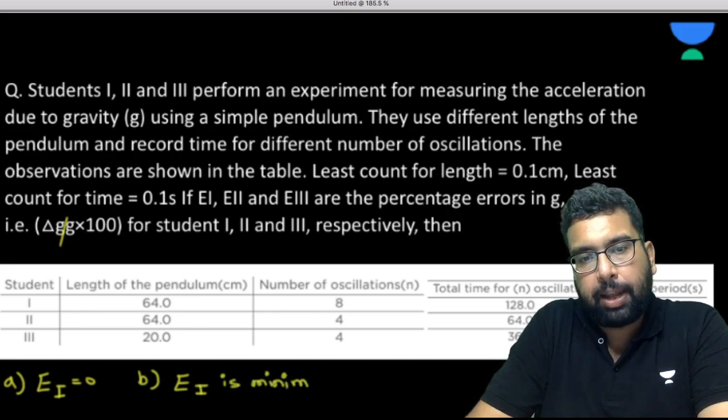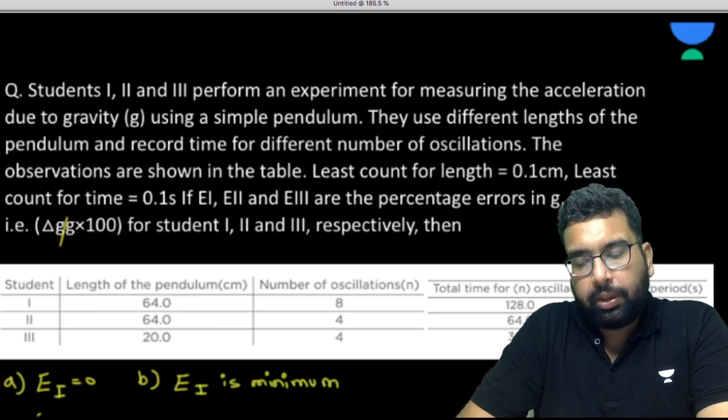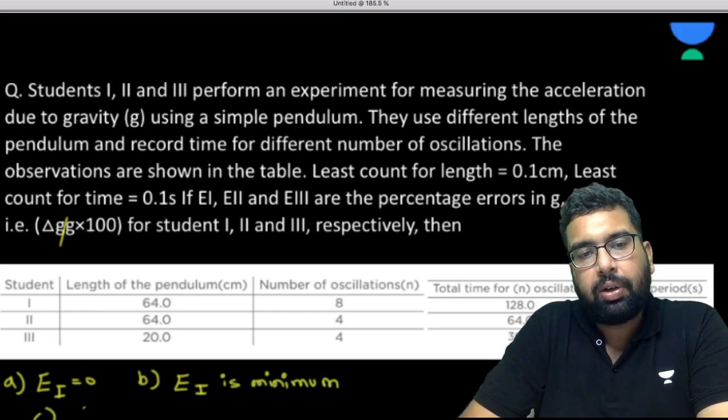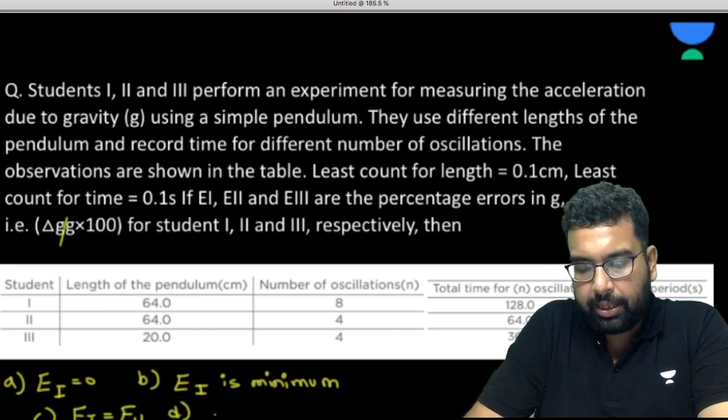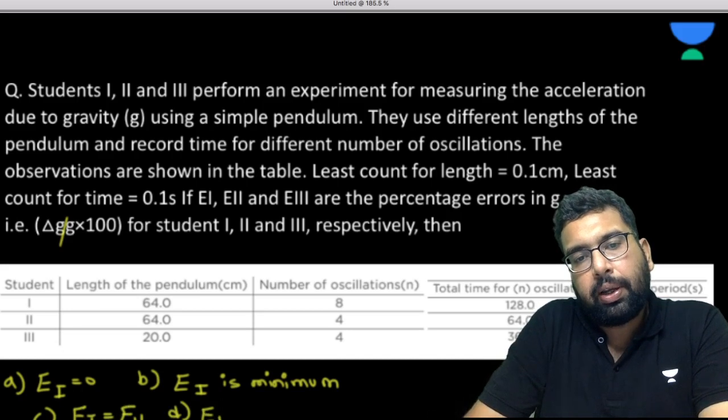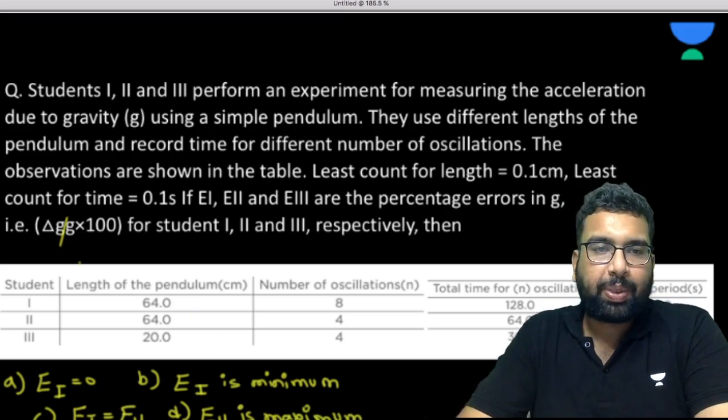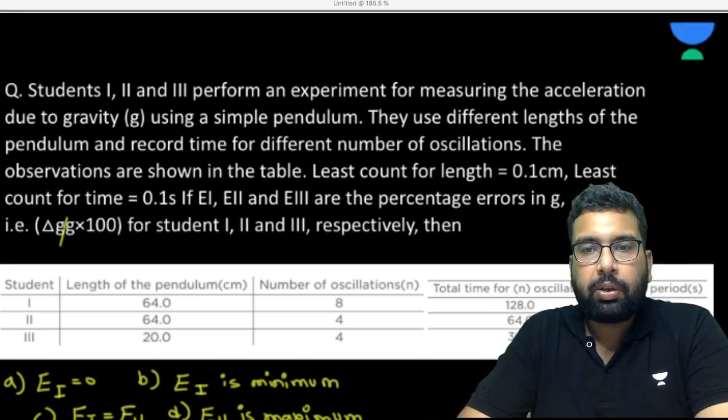You have to choose among them. Option C says E1 is equal to E2, and option D says E2 is maximum. So these are the options to this question.